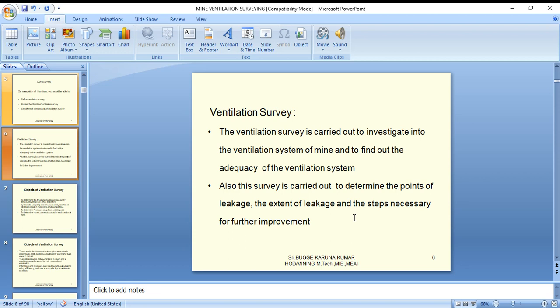So this is our basic motto: to investigate in a ventilation network the particular locations of leakages, so that dropping of the pressure can also be identified and remedial measures taken to reduce the wastage of the main fan ventilation circuit.